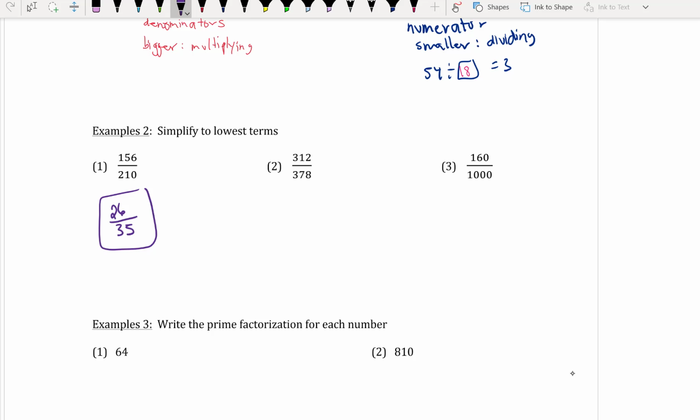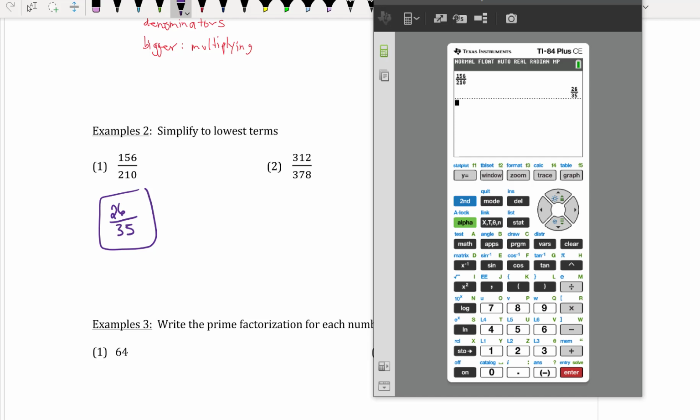For number 2, same process. So I'm going to go to alpha, y equals, enter. My numerator is 312 and my denominator is 378. And so that gives me 52 over 63.